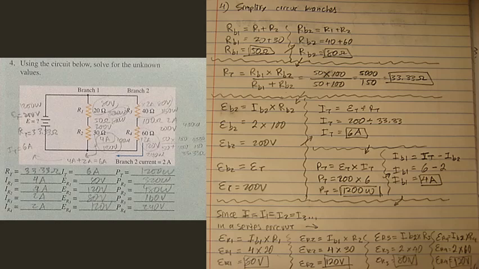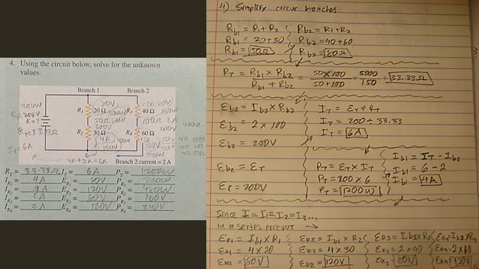We begin with voltage drop at R1, which is the current at B1 times the resistance at R1. In this case it is 4 amps times 20 ohms, which is 80 volts. We do the same thing with the voltage drop at resistor 2, which equals the current at B1 times resistor 2 value, which is 4 amps times 30 ohms, or 120 volts.